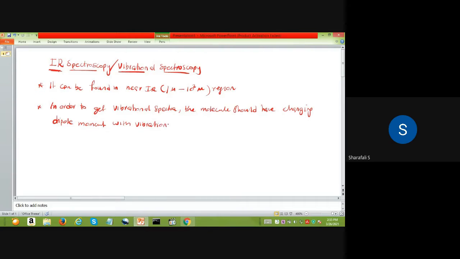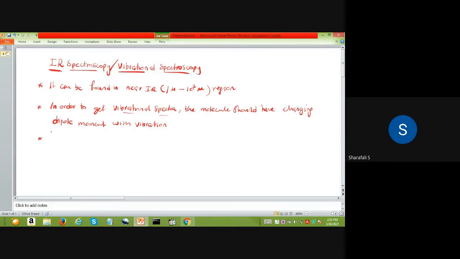When the vibration happens, there should be a change in its dipole moment. Only such a molecule will show this vibrational spectrum.